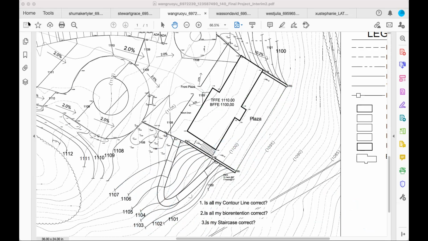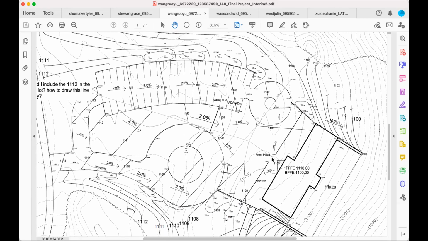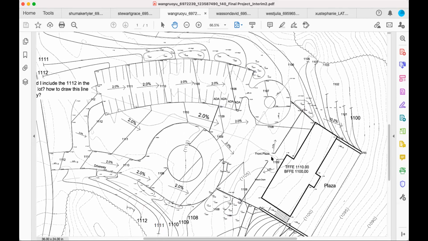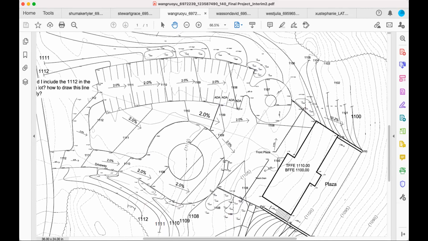That's for the ramp. The bioretention, you have a few of them. We talked about having trench drains along this way because you don't have enough side slope to be able to direct water over. So these are trench drains.